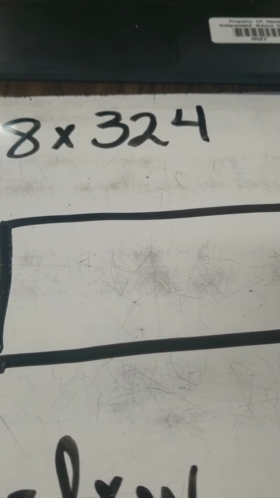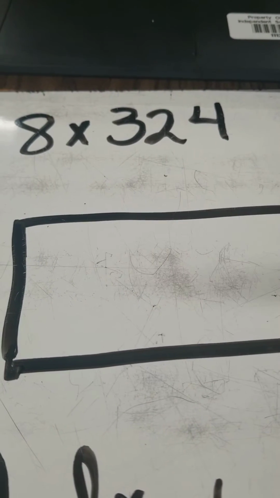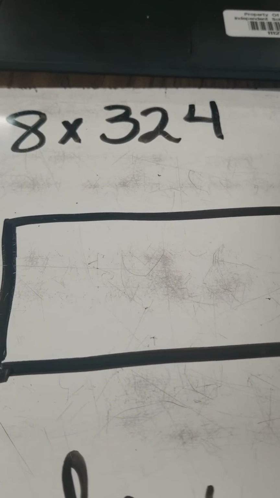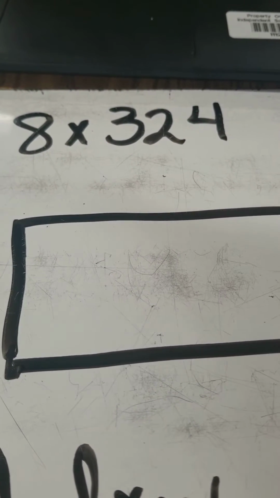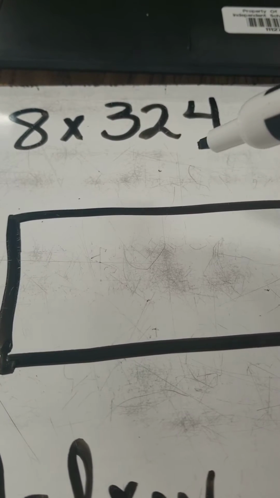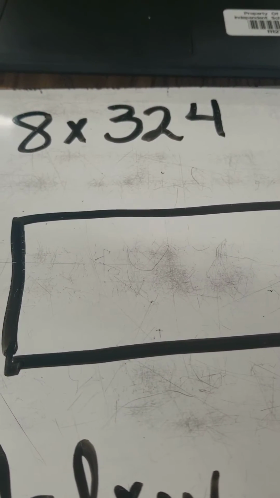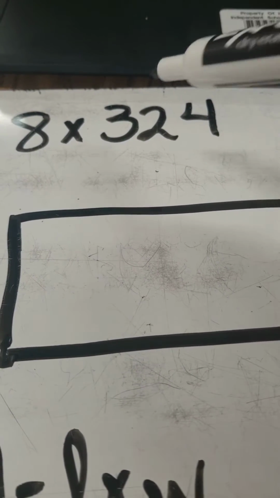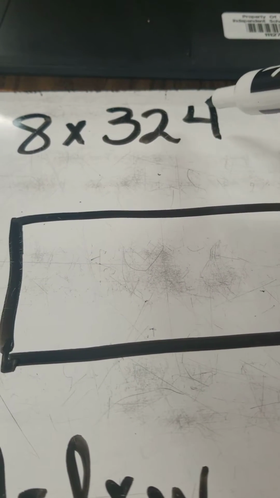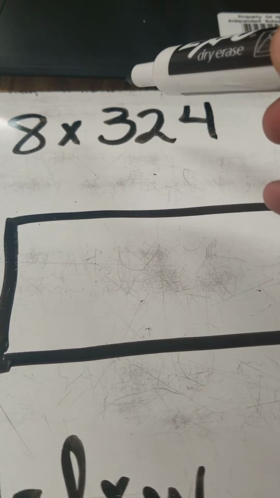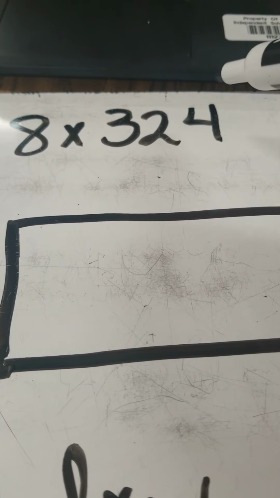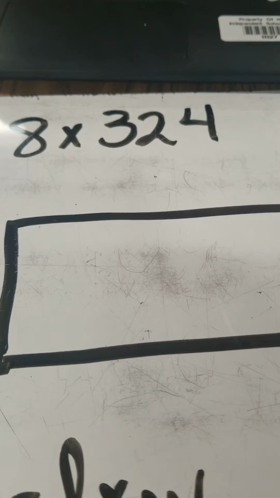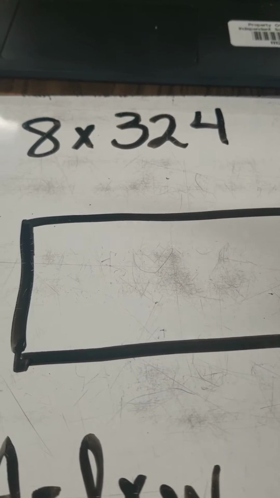However, 324 is a 3-digit number, and it's not a number that most people know the multiples of. So we need to rearrange 324 to a number that better suits our abilities. If we expand this number, expand means that we break it apart based upon the value of each digit, we will get numbers that we can actually do the multiplication with.